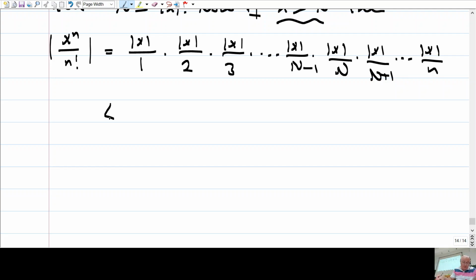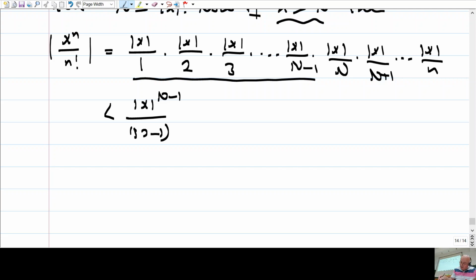Okay, first I'll do this. I take the first n minus 1 terms, these gadgets, and here I have the denominators, which gives me n minus 1 factorial, and then I have absolute value of x divided by n, and then I have absolute value of x divided by n plus 1.